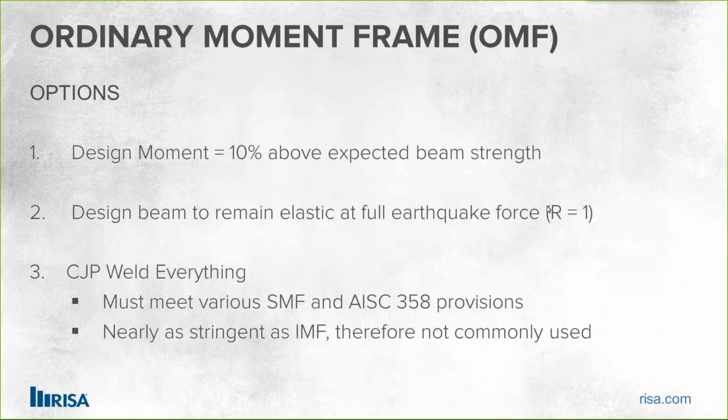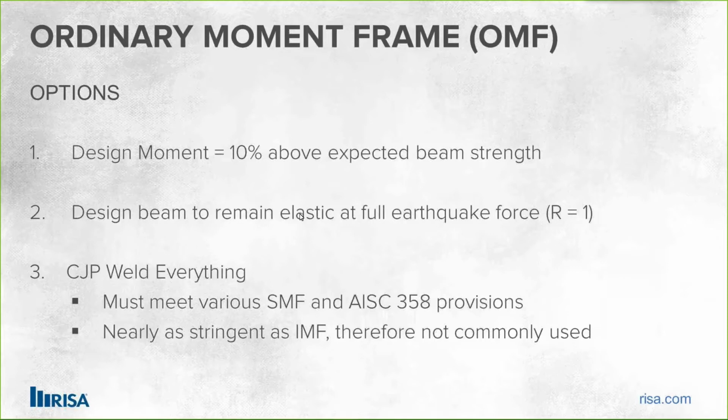However, with an OMF, we can design for a seismic base shear using an R of 1, which is a huge amount of force. But if you beef up your beams and columns and connections so large that they'll actually pass normal code checks at R equals 1 earthquake levels, then you're allowed to get away with that because your whole system is going to remain elastic even under these tremendously large forces.